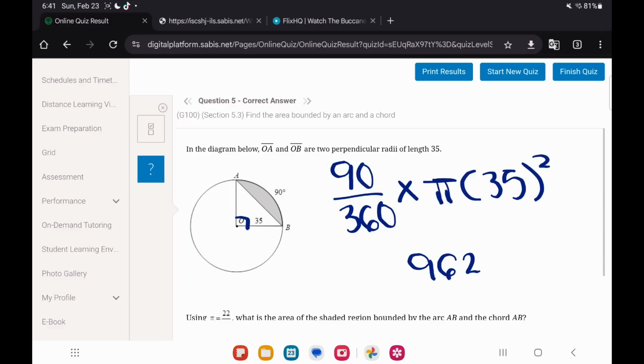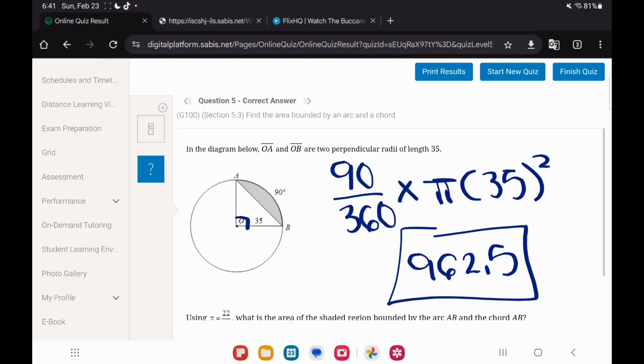For this question, to be honest, oh wait, that's not what you get, sorry, because they told us the value of pi, so you don't put pi on your calculator. You have to put 22 over 7. So my bad. And be careful, because you'll get the whole thing wrong if you don't look at whatever they give you. Here I got 962.5, so keep it as a decimal when it's a small decimal.